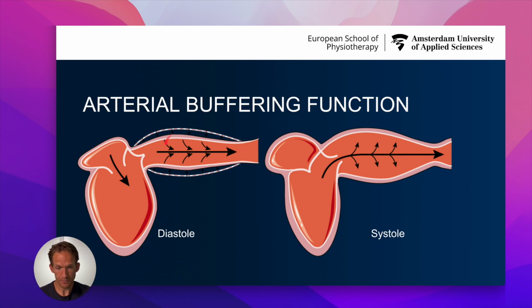So in the point where the heart is relaxed, you would expect the elasticity to recoil, pushing blood again out, although the real pressure is gone. Whereas here in the systole, you would expect the elasticity to cause some of the buffering function in order for the pressure to not be huge, and the elasticity can then buffer a little bit, and that can then be returned by the elastic recoil during the diastolic phase.